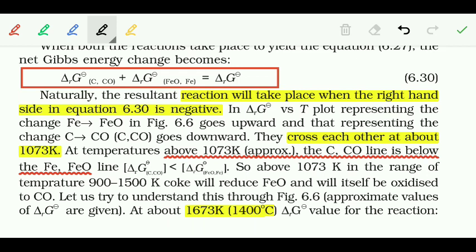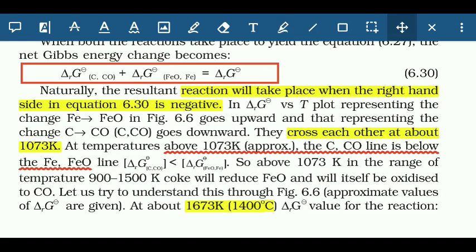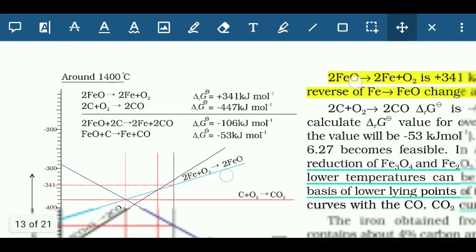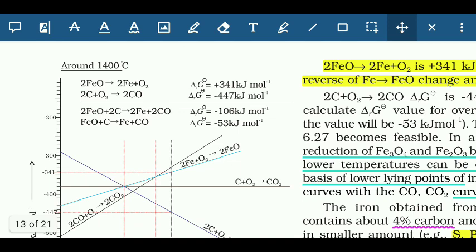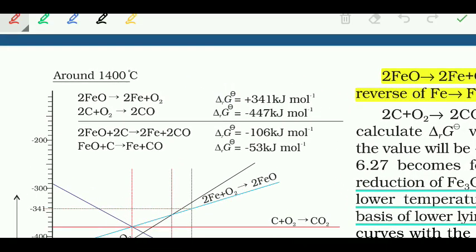At about 1673 Kelvin, meaning 1400 degrees Celsius, the delta G naught value for the reaction is given in the diagram. Now focus on this diagram, you will find all the answers to your questions. Look at around 1400 degrees Celsius.